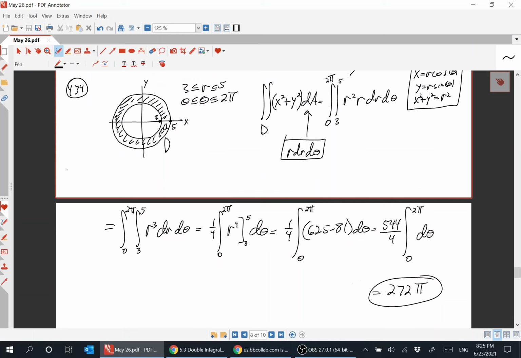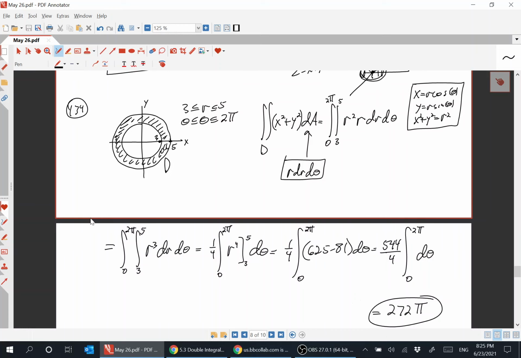Now one could actually do this in Cartesian coordinates, but it would be a pretty nasty calculation. One could do it, but describing the region requires using this business for a circle, and then you would really only do it in the first quadrant.